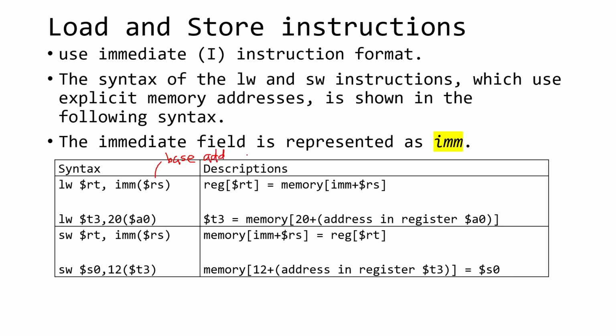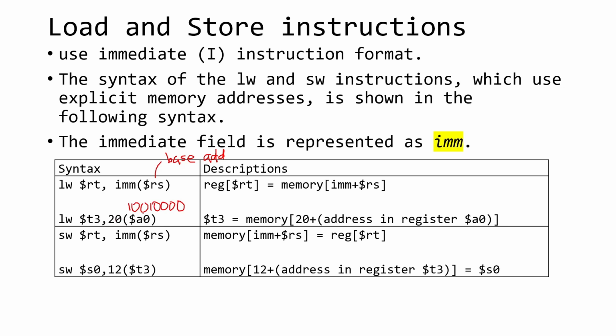In this case, using your data segment, the real data segment, it should contain 0x10010000. So for example, we have load word $t3, 20($a0). Here, $a0 should contain the base address. Now, the base address is 10010000.